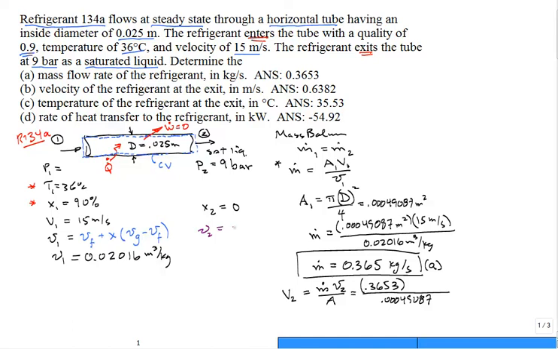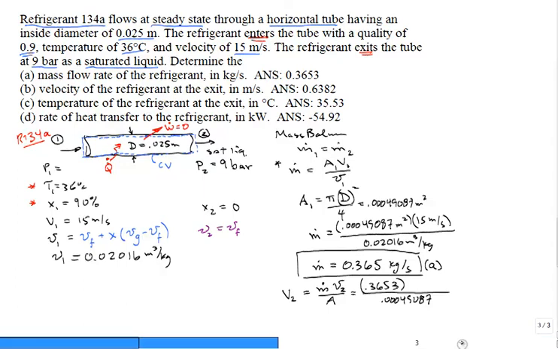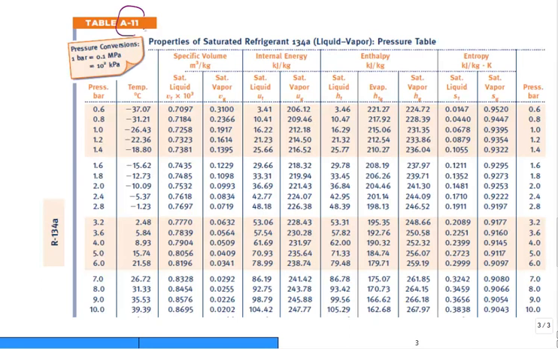Well, it's V sub f, the saturated liquid's value, at our 9 bar. So we could go to table A11. So we have saturated refrigerant 134a properties. But this time, the primary index on the first column is pressure. So we come down to a pressure of 9 bar, and we read across to get our saturated liquid specific volume.